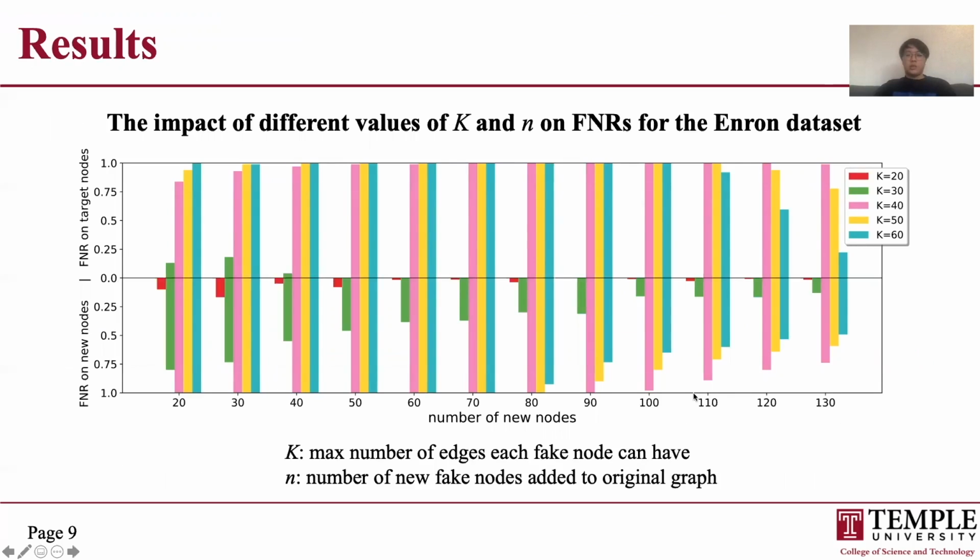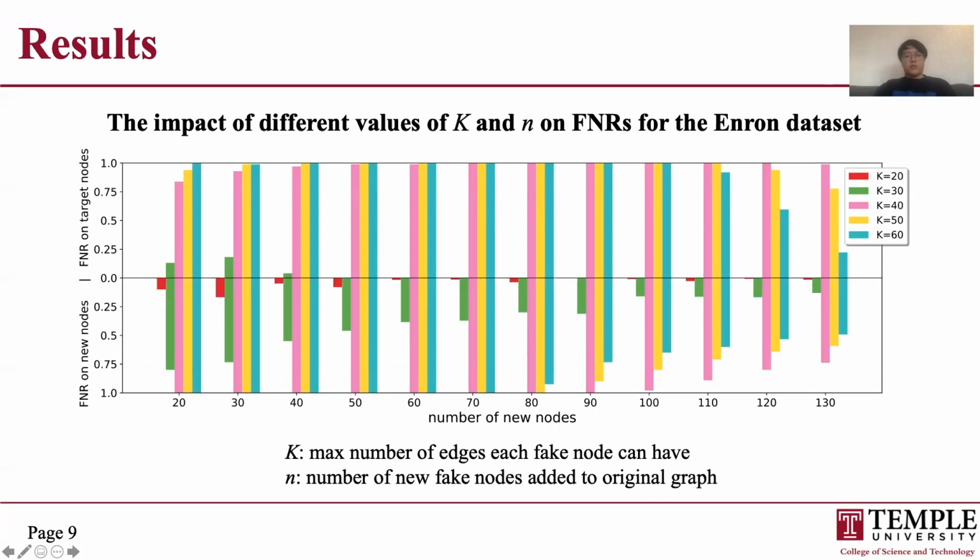In these slides, let's take a look at the impact of values K and N for the Enron dataset, where K is the max number of edges each fake node can have, and N is the number of new fake nodes added to the original graph by our proposed attack.